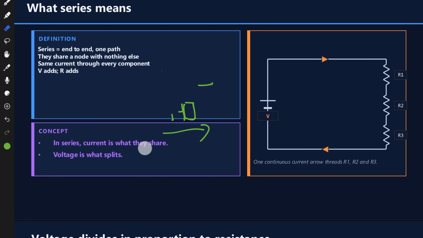In a circuit, how we define where it starts from is this. So you can imagine this symbol here as the battery. This is the negative end of the battery and this is the positive end.